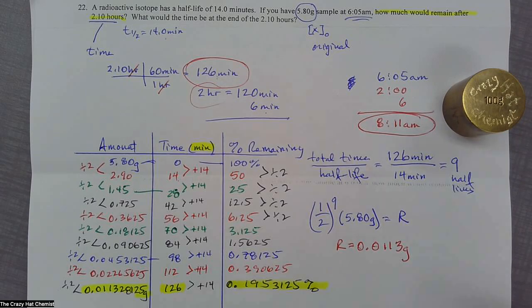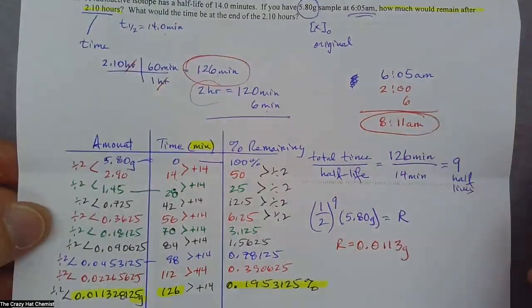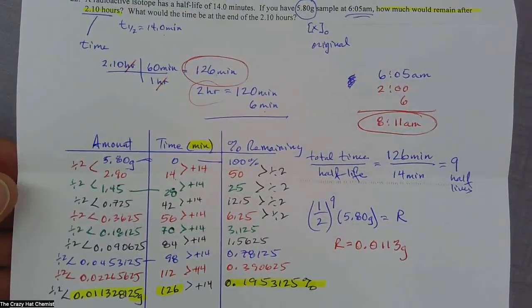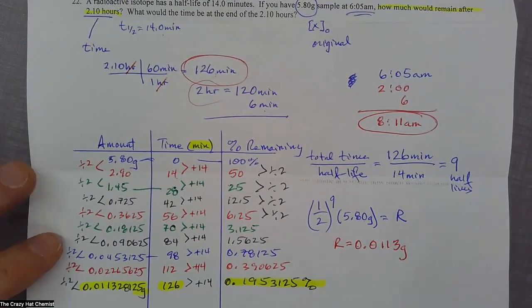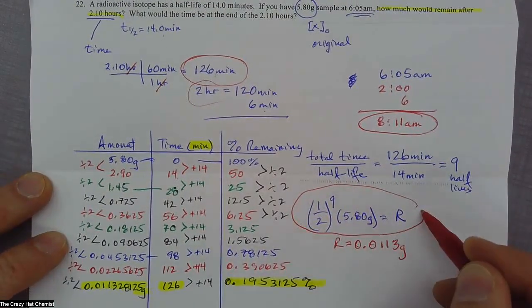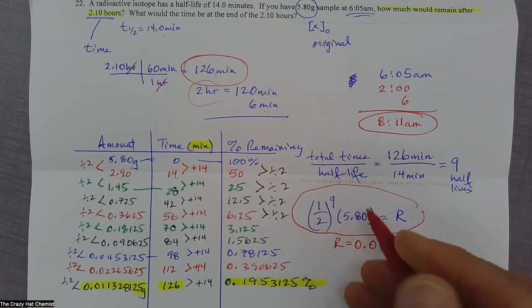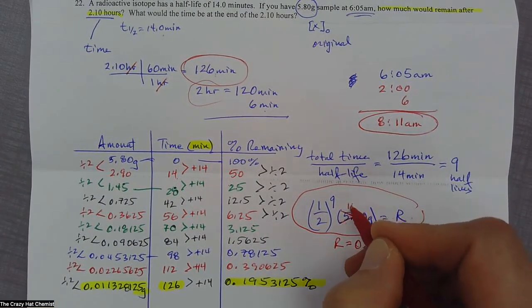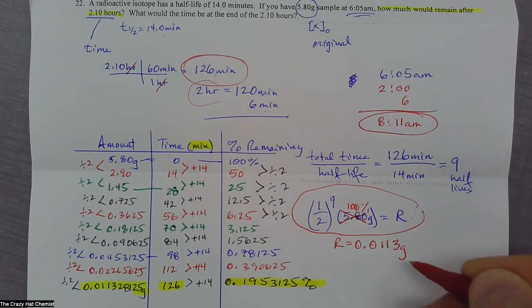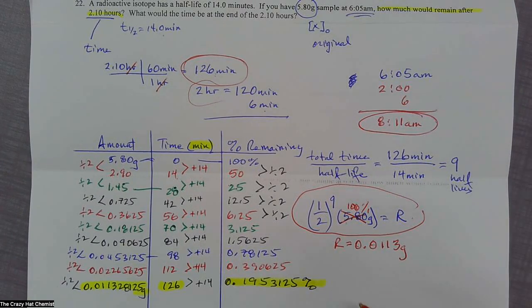All right. So now what we're going to do is answer this same question, but using the other methods. So one other method that I find the easiest, which is this one right here. And instead of starting off with 5.8 grams, I'm going to start off with 100% right here, and then I'm going to get the percentage remaining. So I'm going to write that right down here.